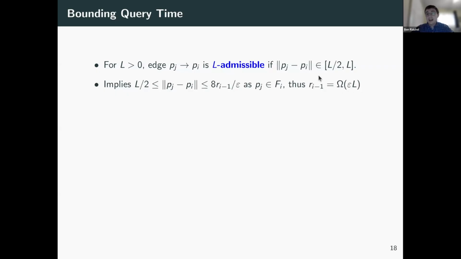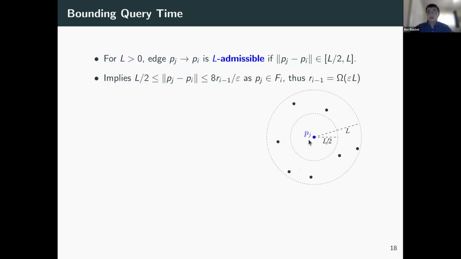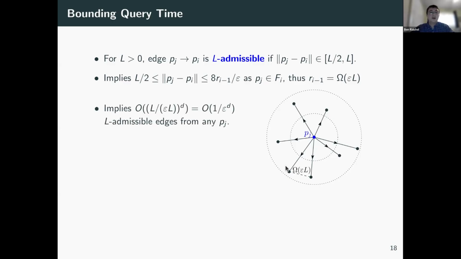Now, why do I care about that? Because this is, again, giving me a packing condition, right? So the figure looks like this. I have Pj. I'm looking at the scale L, so I'm looking between L over 2 and L. So these are the things that I care about. And I'm saying if I have an edge to that point, then if I look at any pair that I have an edge to, their distance is at least epsilon L. So again, this is this standard packing argument.